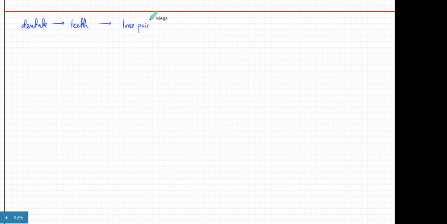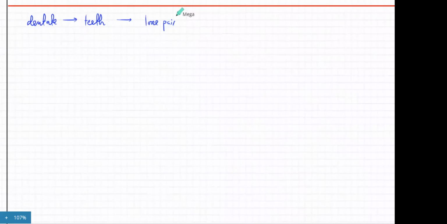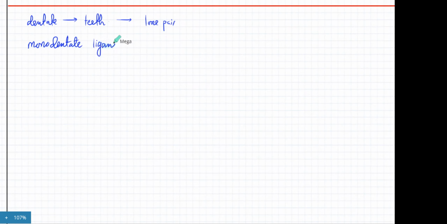When you hear the term monodentate, that means just one lone pair. So what's a monodentate ligand? It's a ligand with just one lone pair, or it might have more than one lone pair, but only one of them is actually involved in dative bonding.